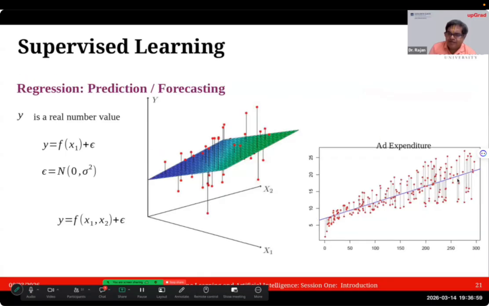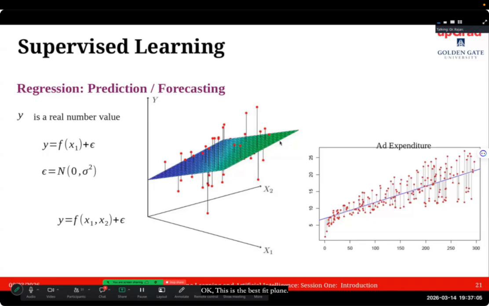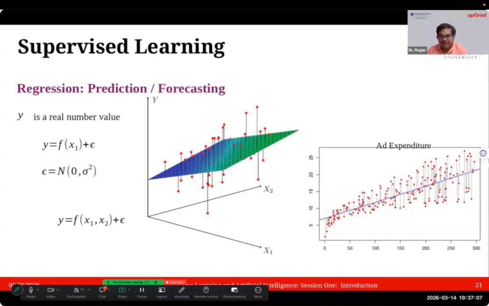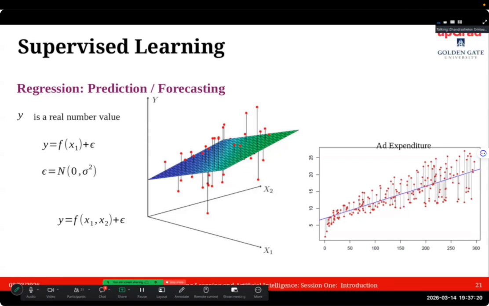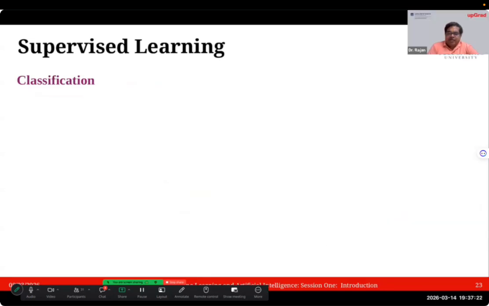This is the best fit plane. This is the best fit line. So the trained model will give us that equation that will help create that line and be able to predict. Exactly. Your understanding is perfect. Okay, sir. Thank you.